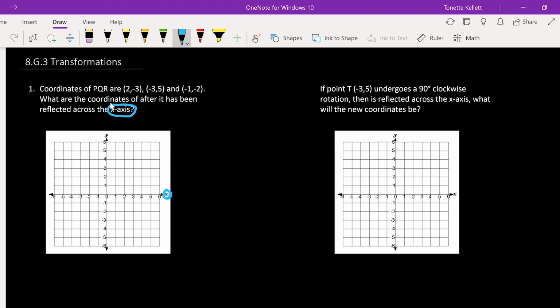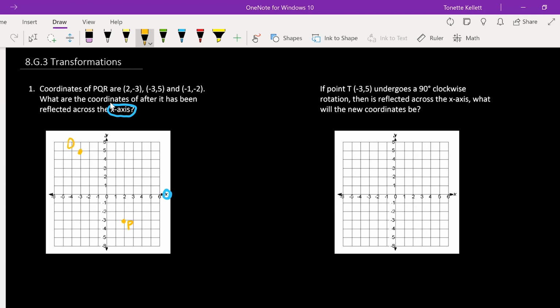This is X. So we're going to reflect across that axis. Let's go ahead and draw the triangle first. So P is 2, -3. P there. Q, -3, +5.